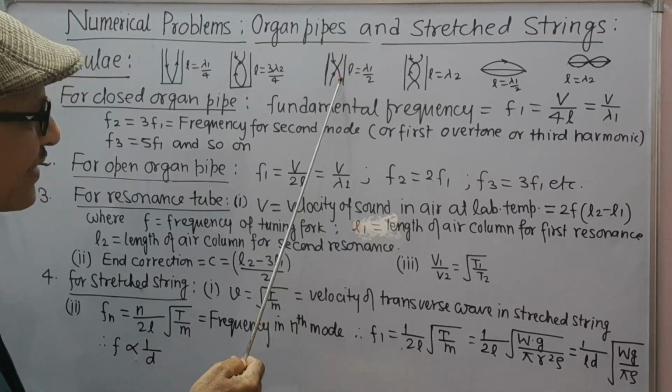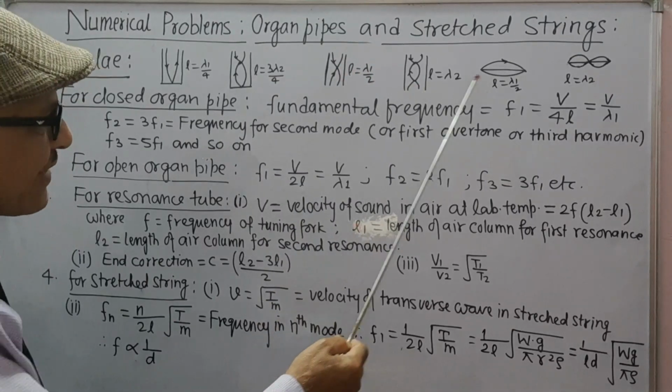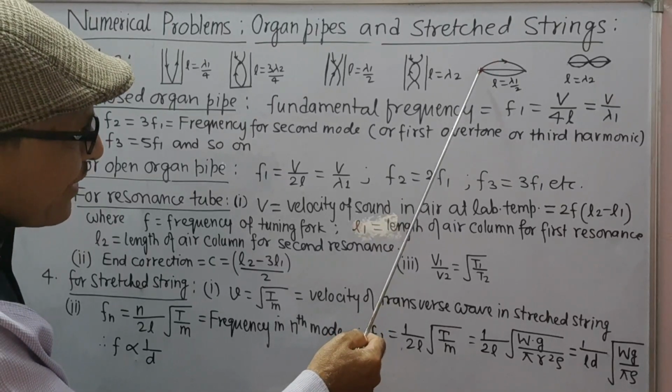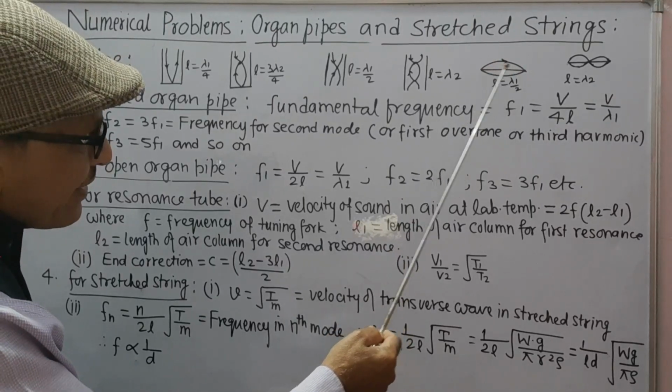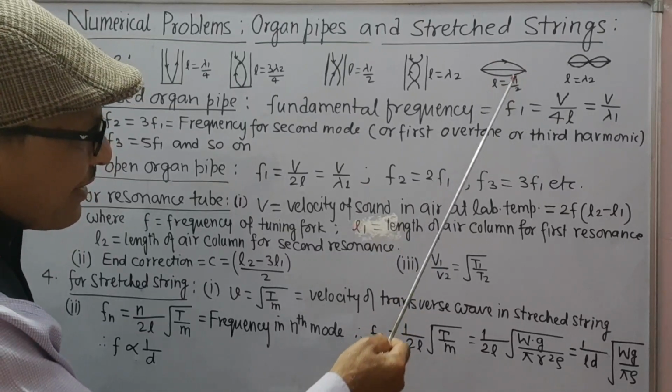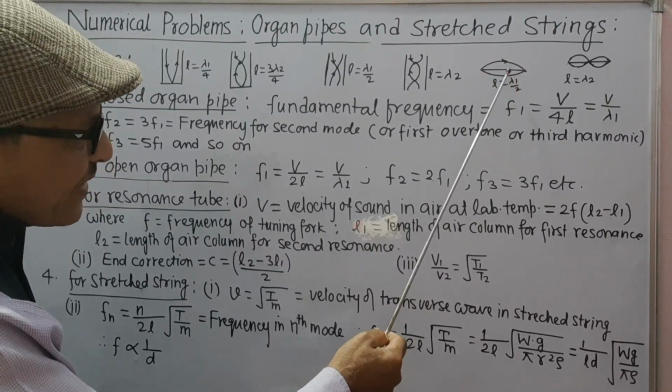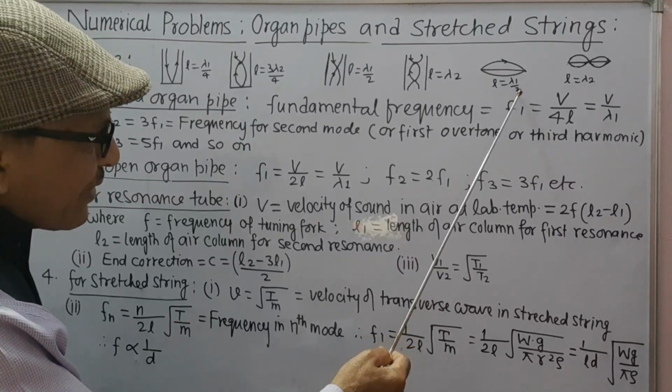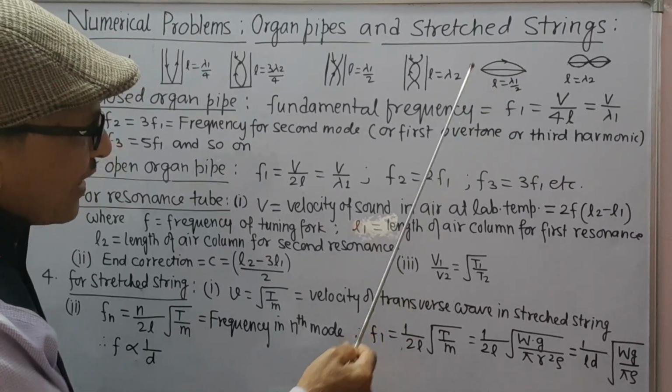Same is the case in a stretched string, where the nodes are formed at the fixed ends and the fundamental frequency corresponds to lambda by 2 is equal to length L.